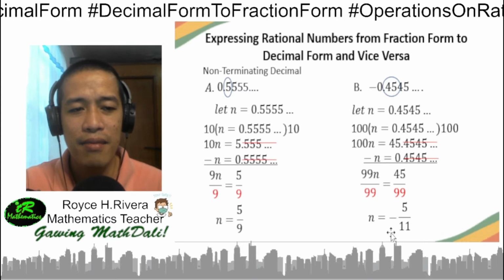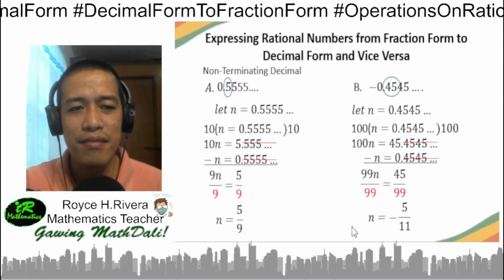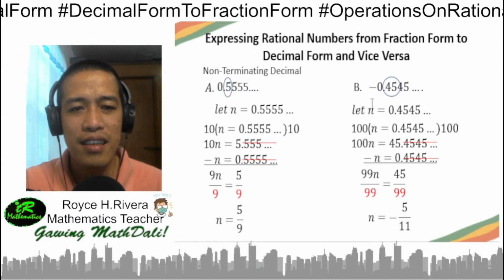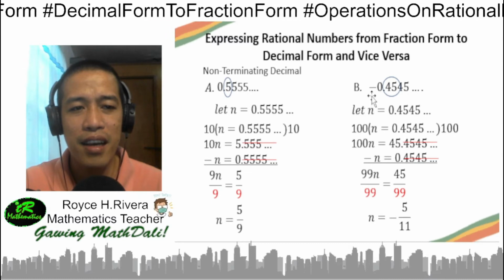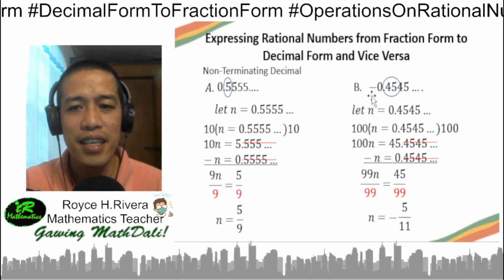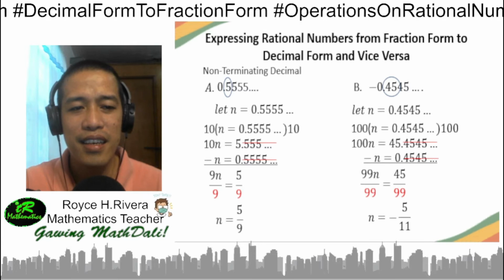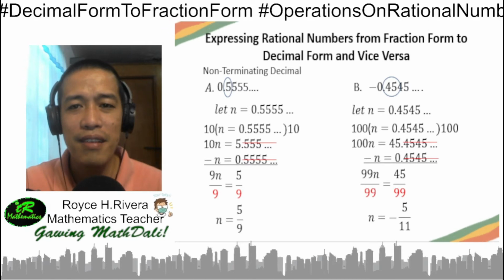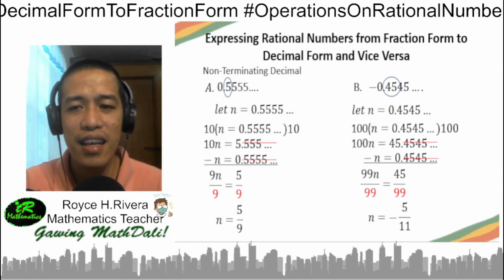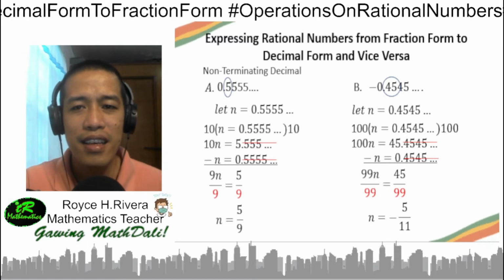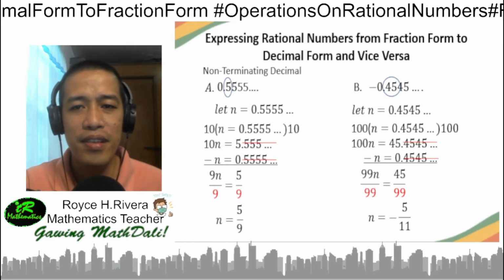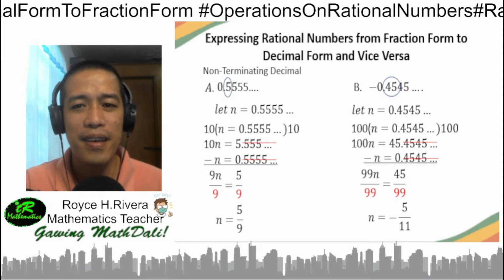The final answer is negative because the non-terminating decimal given in letter B is negative. So negative 5 over 11 is equivalent to the non-terminating decimal negative 0.454545.